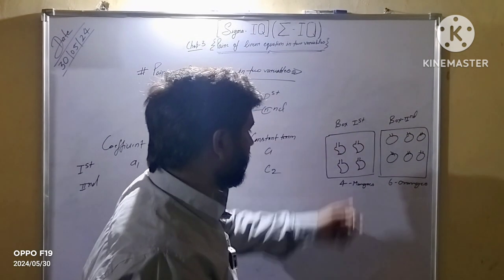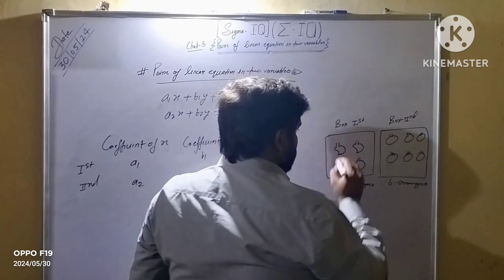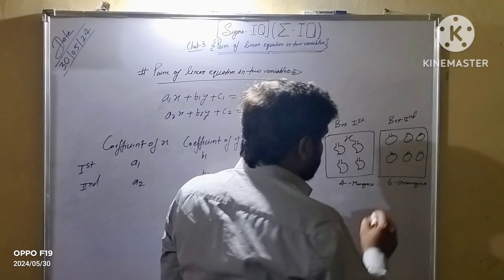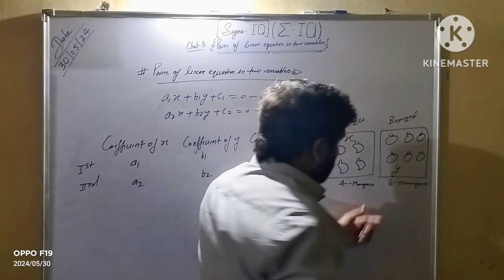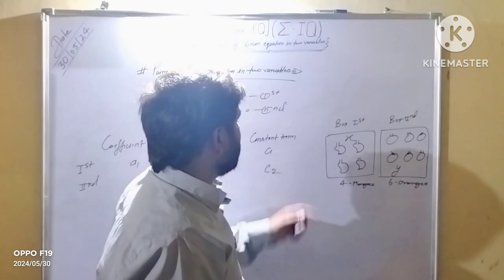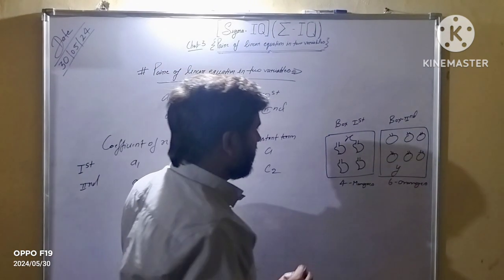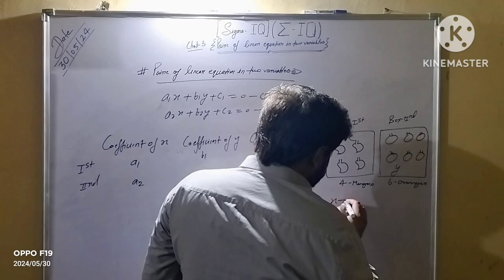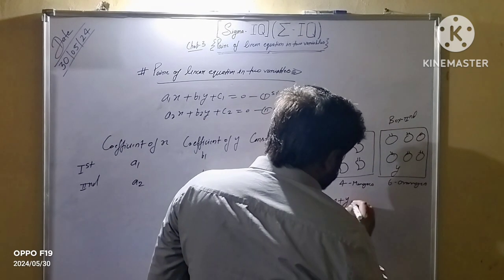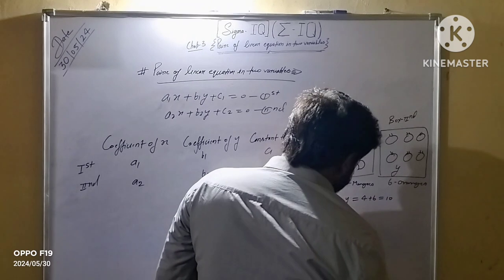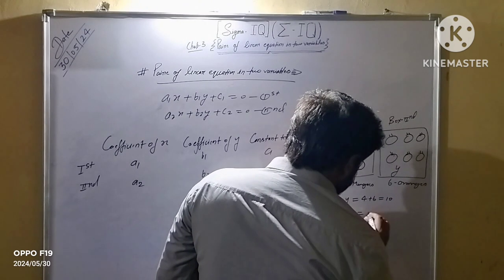Let the number of mangoes denoted by x and number of oranges denoted by y. According to given details, we can make the pair of linear equation in two variables, like as number of mangoes x plus number of oranges y equal to 4 plus 6 equal to 10. x plus y equal to 10.